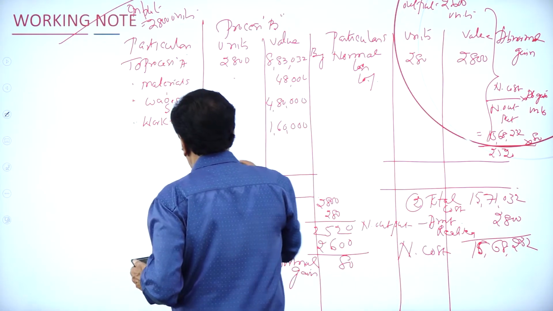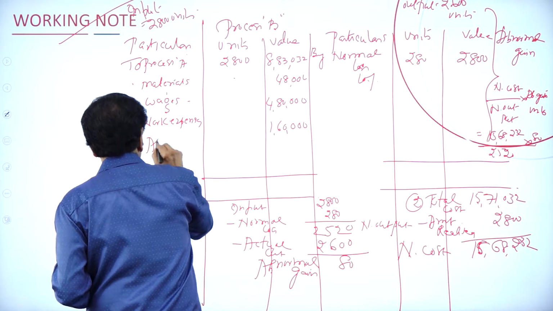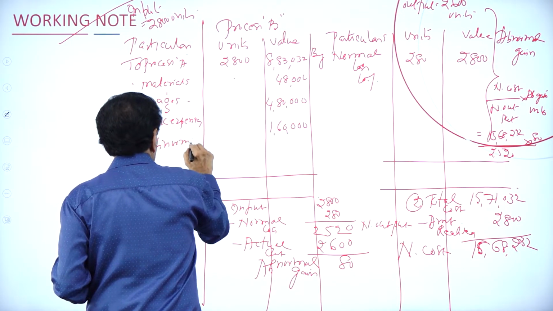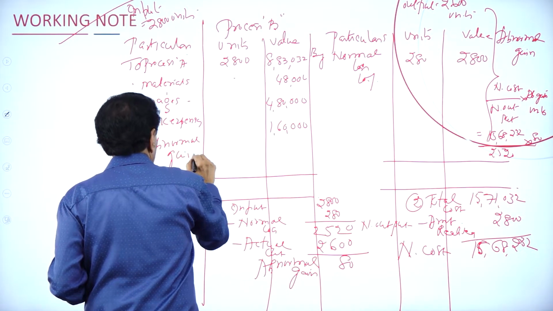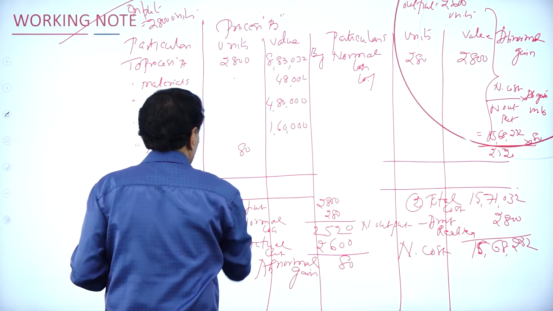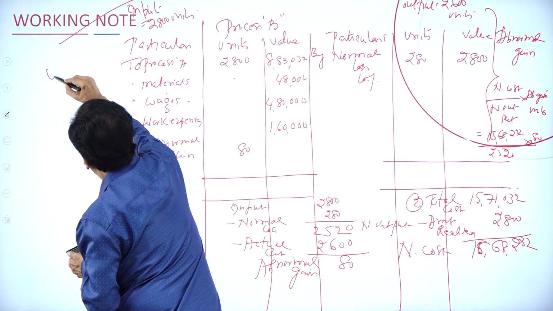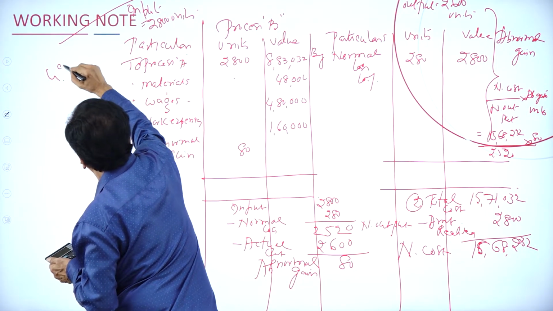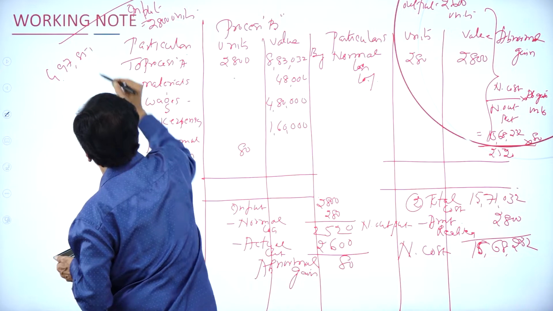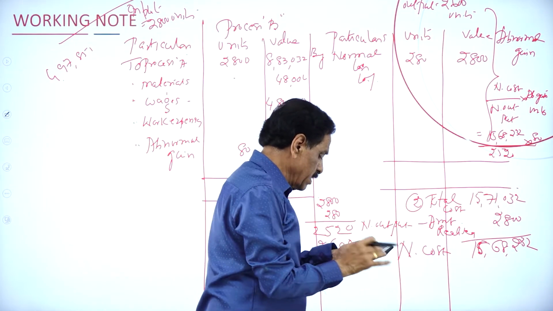So here abnormal gain is how many units? 80 units value. This is 4,97,851. I will check once again.